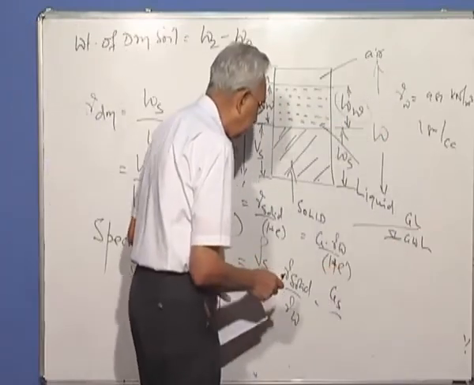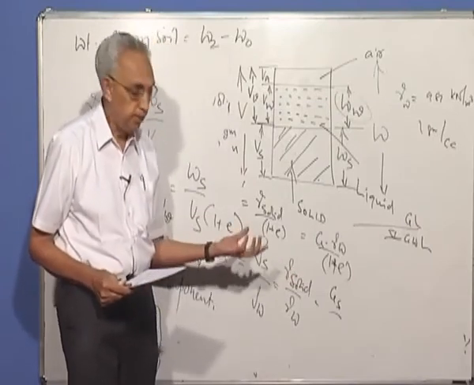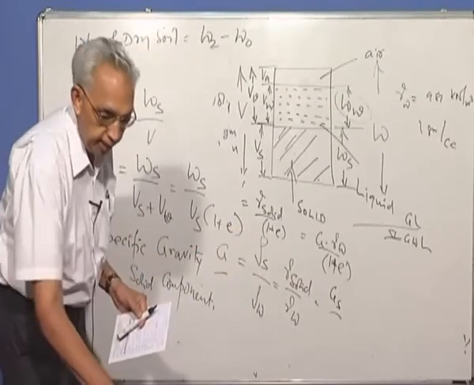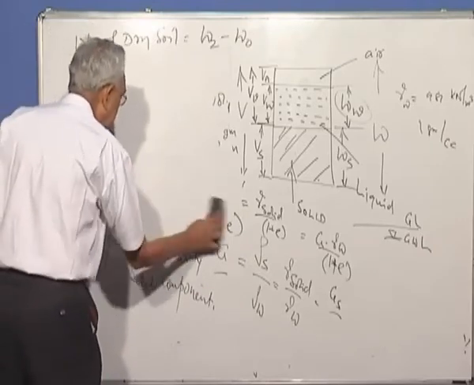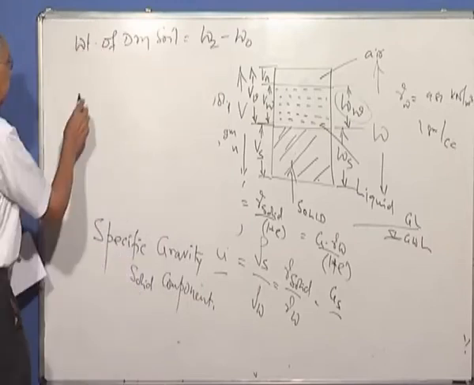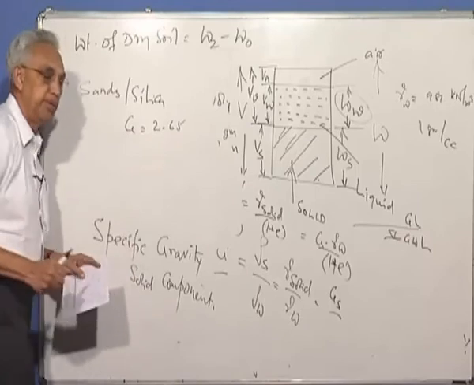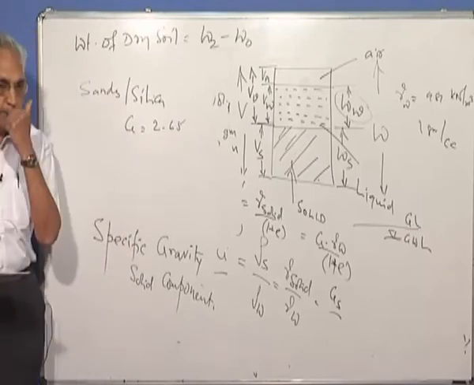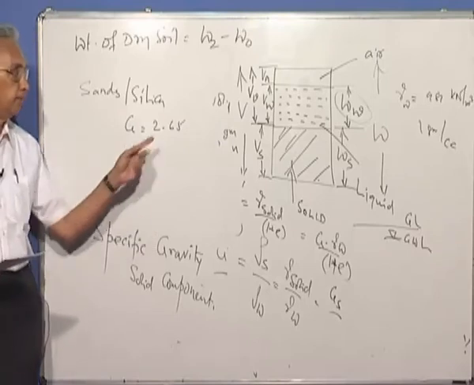Everybody knows gamma W. So if I know specific gravity, I can get the unit weight of soil solids. Here I would like to say that fortunately for us, G is also not a major variable. For sands, which consist of silica, G is 2.65. No matter where you get the sand, from any coastal area, from India, USA, abroad, anywhere, you find that silica.